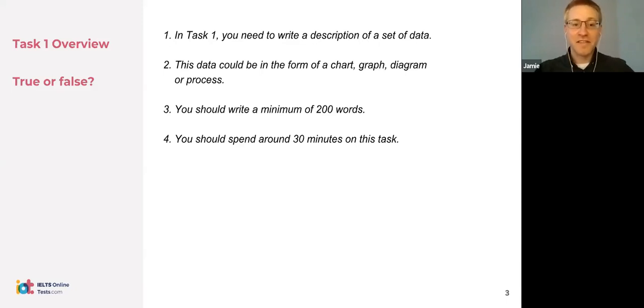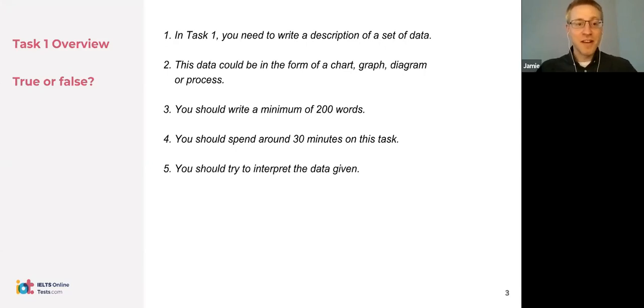Number 5. You should try to interpret the data you're given. You should try to interpret the data, for example, by drawing conclusions or making recommendations based on the data in the table or the chart. Okay.